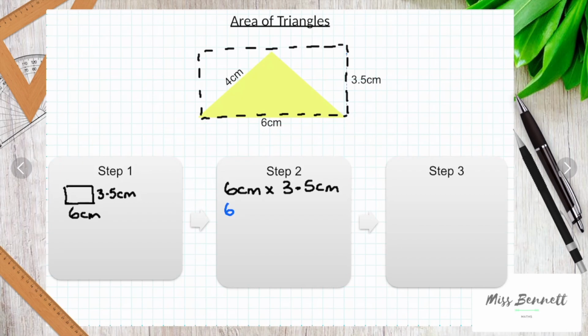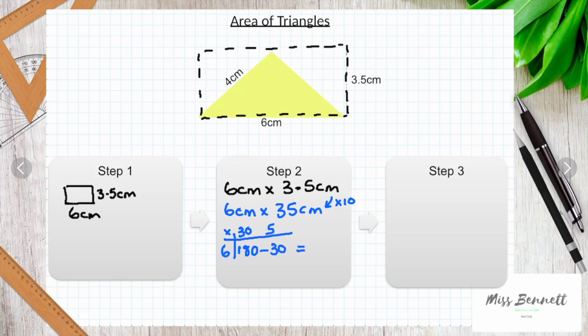I'm going to do 6 centimetres multiplied by 35 centimetres. I can see that I've multiplied this number by 10. So when I get the answer to this, I'm going to divide this answer by 10. So 6 multiplied by 35. 6 times 3 is 18. That means 6 multiplied by 30 must be 180. 6 multiplied by 5 is 30.